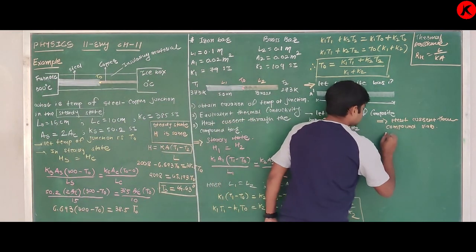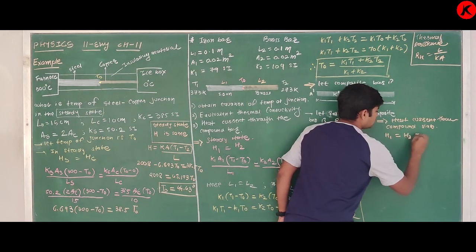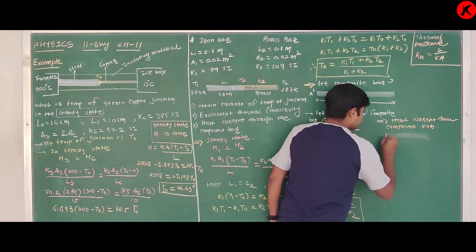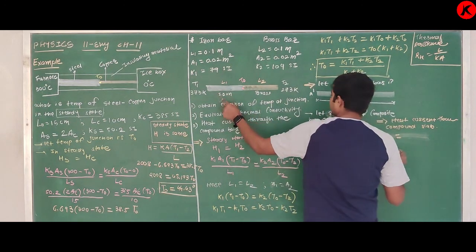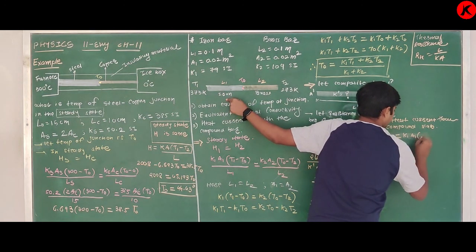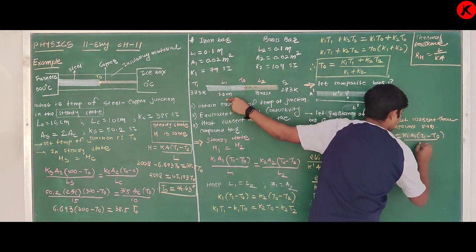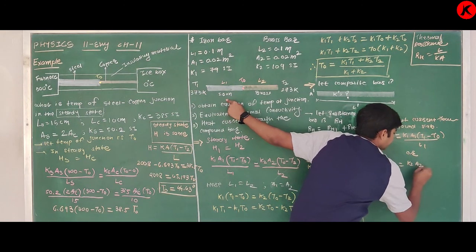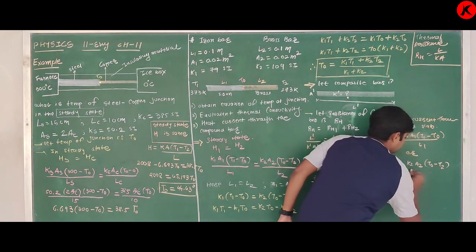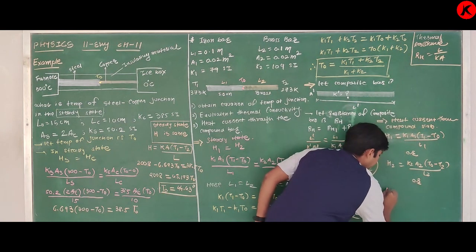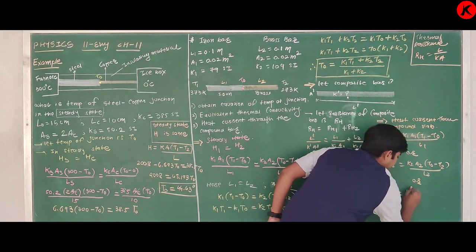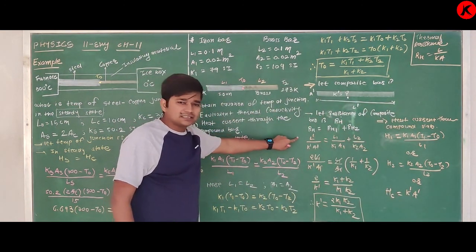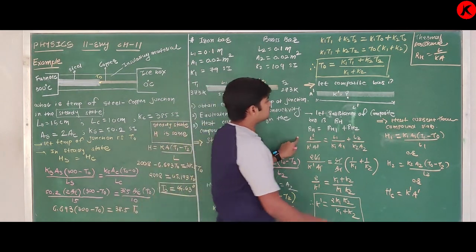You can say H1 is equal to H2, or you can use this equation. I will give you the options. You can use H1 for this wire, that is K1 A1 (T1 minus T0) divided by L1, or H2 is equal to K2 A2 (T0 minus T2) divided by L2, or H of the composite wire is K dash A dash (T1 minus T2) divided by L dash.